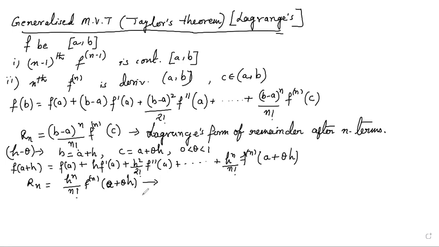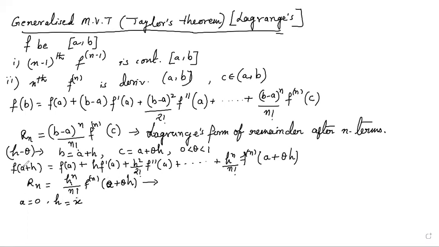Now, one more form is there, that is Maclaurin's form. So in Maclaurin's form, what is the modification? That is, in the h theta form, if I put a equals 0, and let us take a equals 0 as well as h equals x for your easiness, nothing else. Otherwise, you can keep it as h also. To make it a function of x, nothing else.